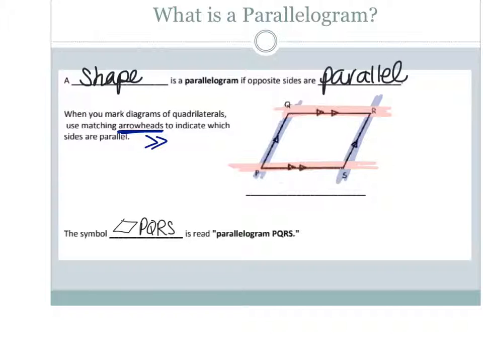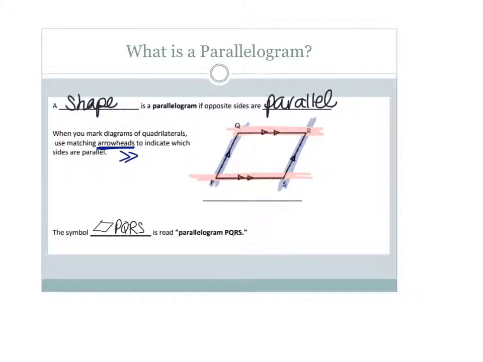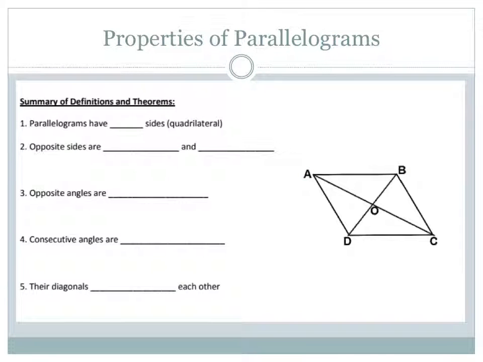So ladies and gentlemen, the actual properties of our parallelograms. How many sides does a parallelogram have? Probably more than 3. 4. Based off our picture, we have 4 sides.